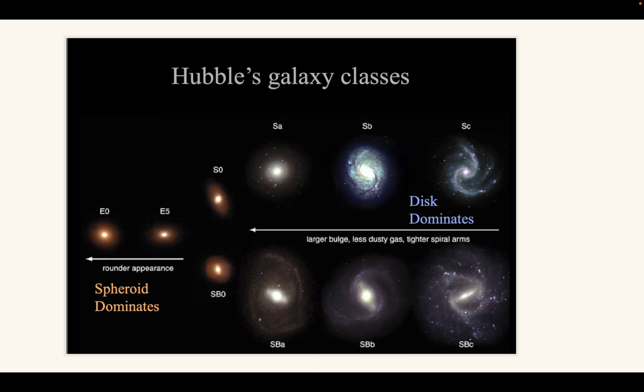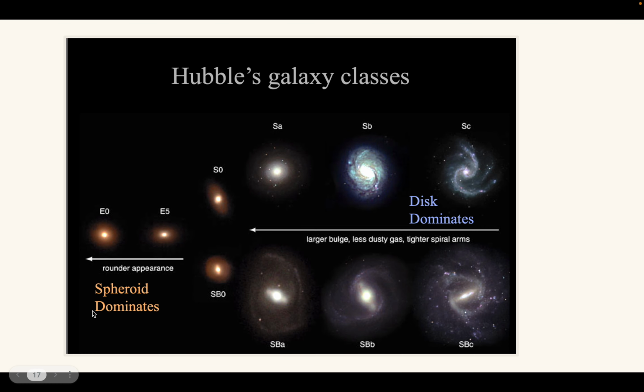From the S0 type, two branches originate. S0 leads to spiral A, spiral B, spiral C, and the other branch is SB, SBB, and SBC, the spiral bulge dominated types.